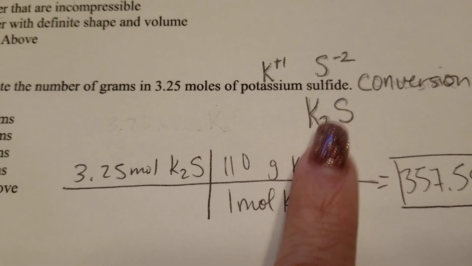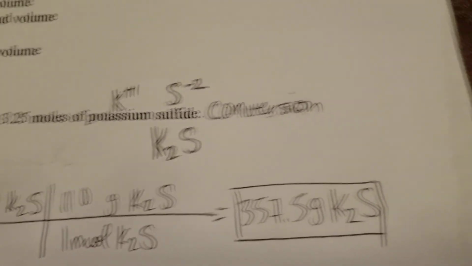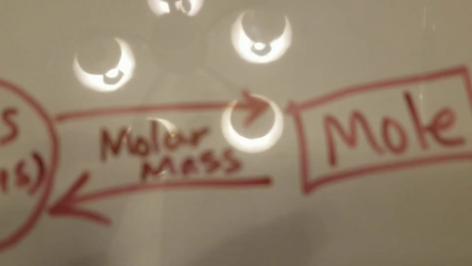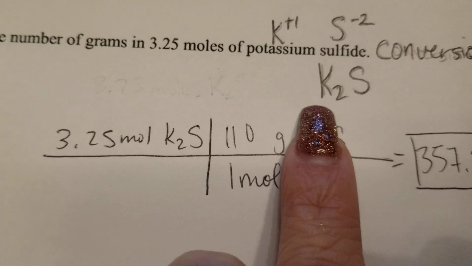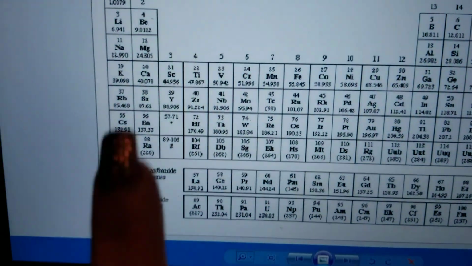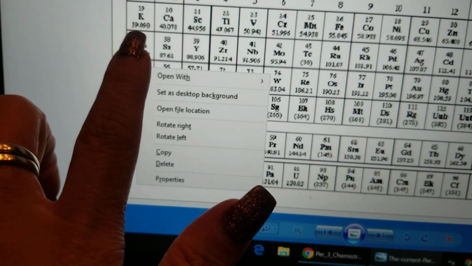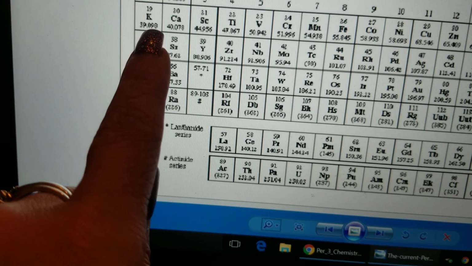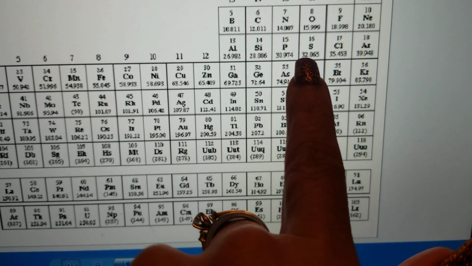Okay? Now, what we need to do is find the molar mass of that. So that's, again, why you need the periodic table. You need to add up the mass of 2 Ks and 1 S. Mine's a little blurry, but you should be able to see on a periodic table that K is 39 and S is 32.